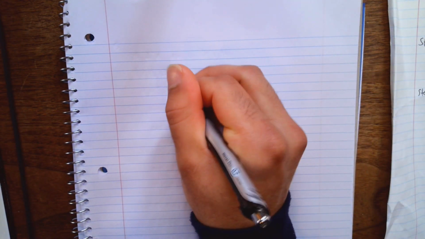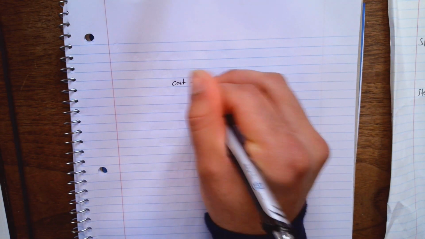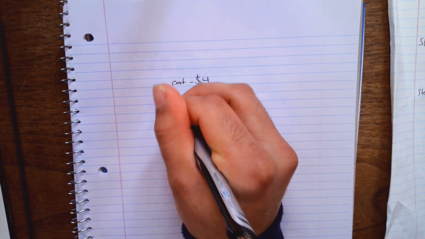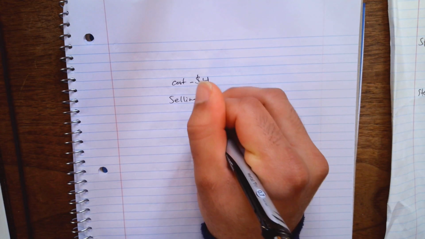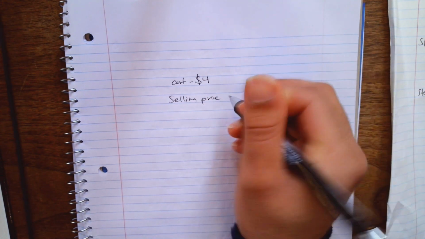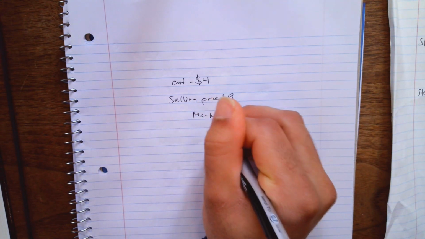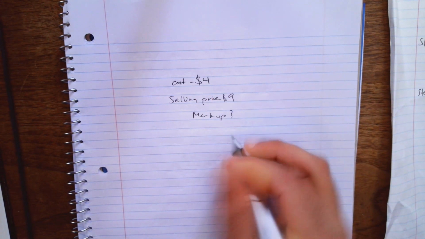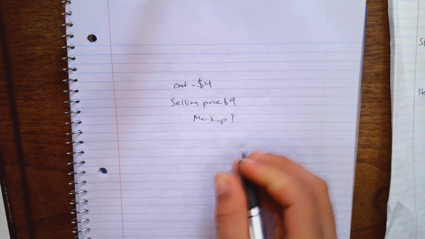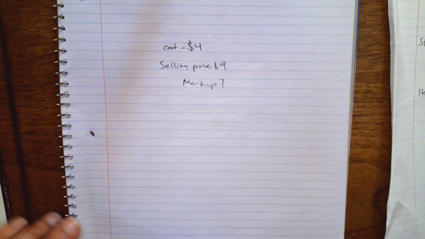Well, let's say we bought a baseball. The cost of a baseball to make is $4, and the selling price is $9. And I want to find the markup on this baseball. So what would be my first step to solve this?